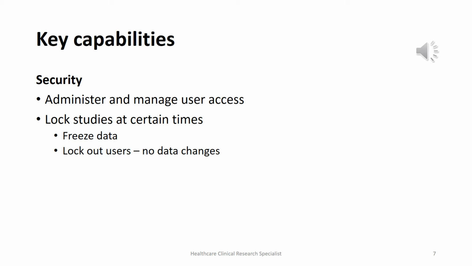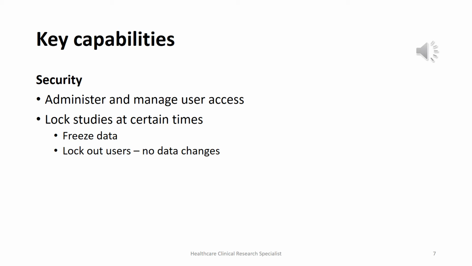So you have some key capabilities that are fairly consistent with other database platforms that you might have used for other applications. You have security. So you have administrator access. You also manage your user access. So certain users are going to have access to certain capabilities in the database. And then finally, you can lock your studies at certain times.